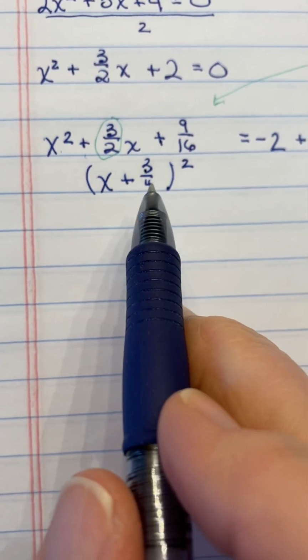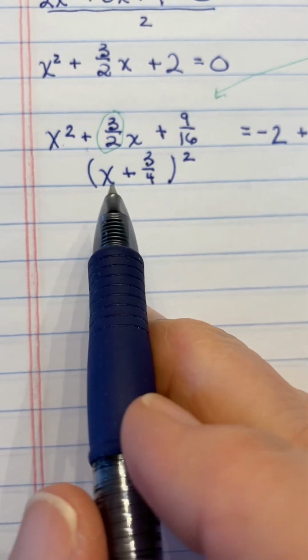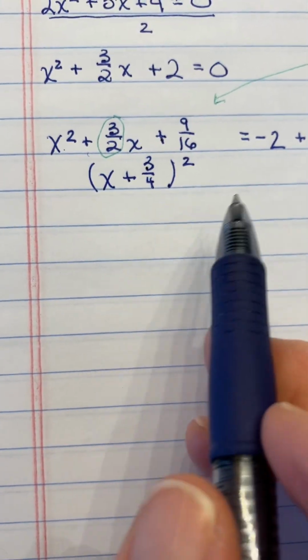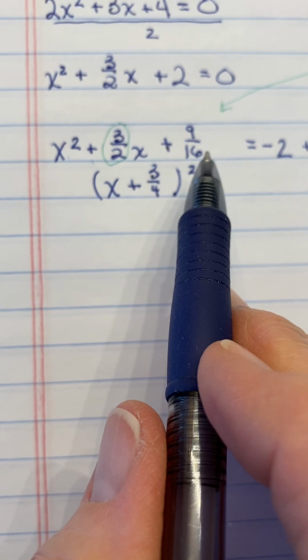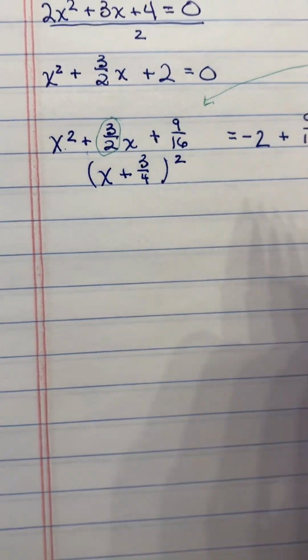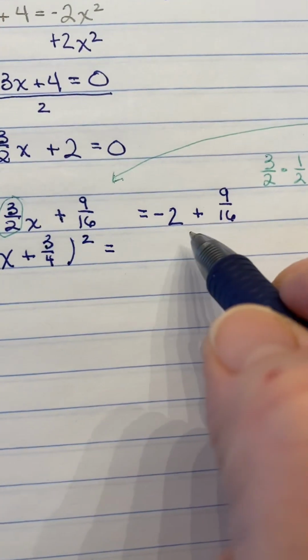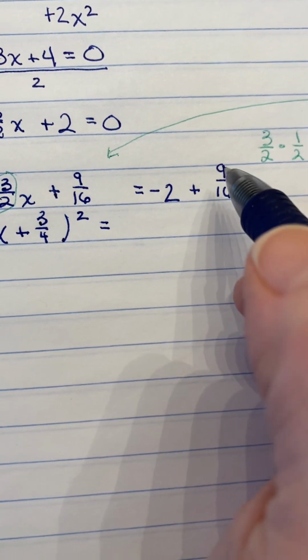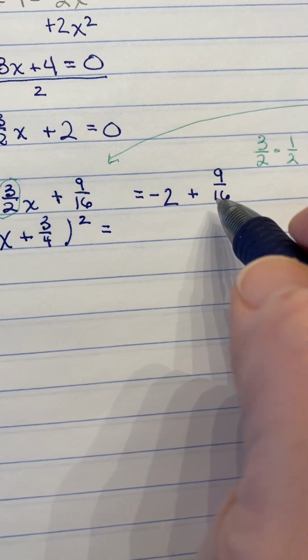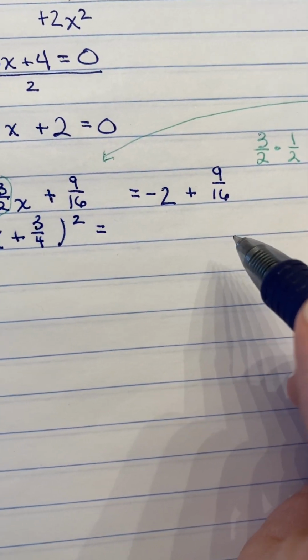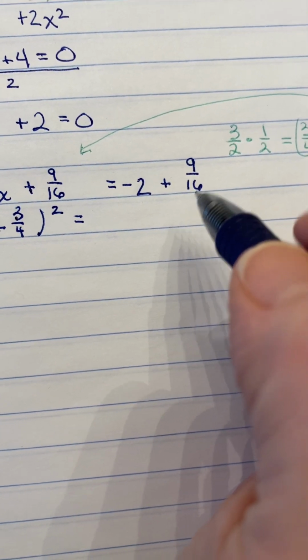Now if I wrote this out twice and FOILed it, first, outer, inner, last, we would get this. If you don't believe me, you can try it. Over here we have a -2 plus 9/16. Oop, I didn't do this right. This is going to be a negative number, but that's okay.